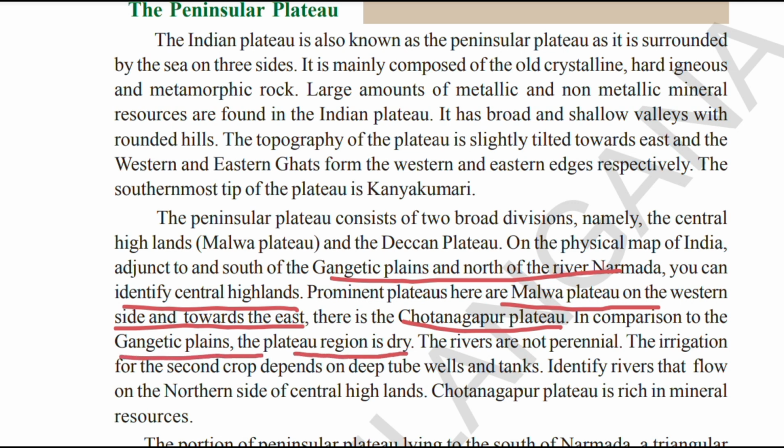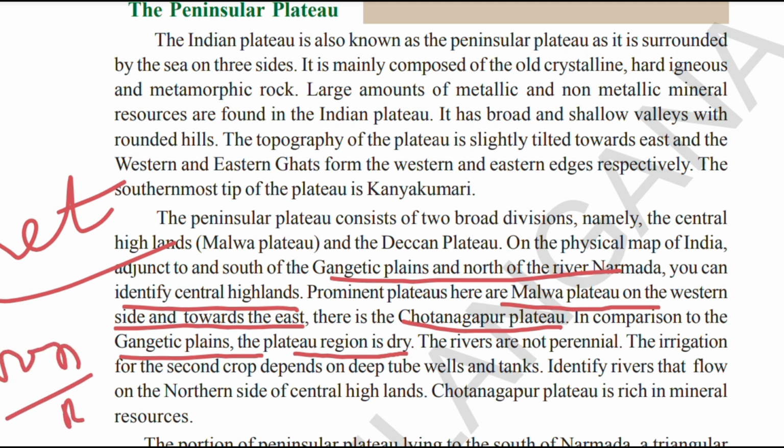As we have discussed earlier, the Gangetic Plains have a flow of continuous rivers, so the land area is continuously wet, whereas here there are very few rivers, and they are non-perennial rivers. It means they are not flowing continuously.